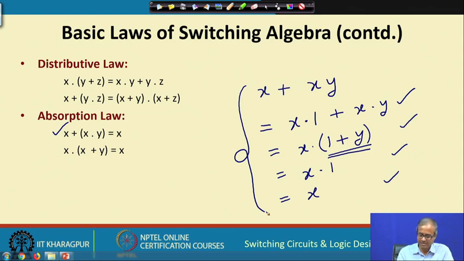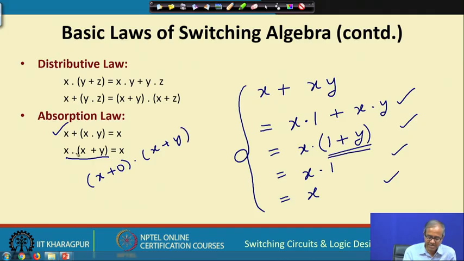Similarly, I can prove the next one also, same way. Like this one, for example, I can write x and (x plus y), I can write (x or 0) and (x or y). x I can write as x or 0. Now, again you can apply that distributive law.